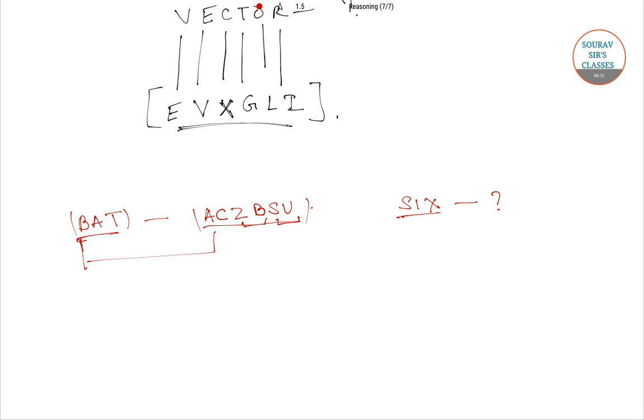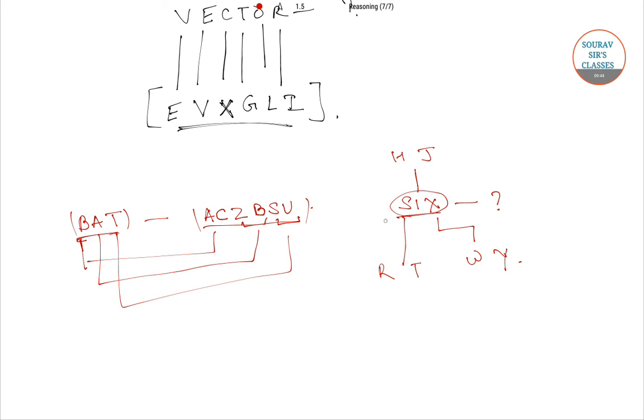So which is the letters to the left and right. Similarly, A is replaced by ZB and T is replaced by SU. So in a similar manner, S would be replaced by RT, I would be replaced by HJ and X would be replaced by WY.